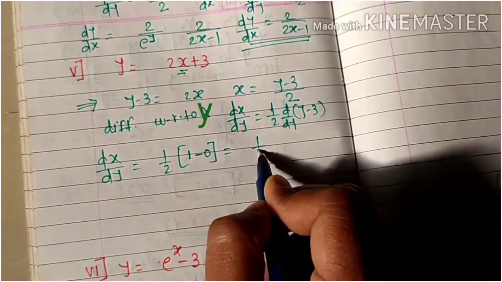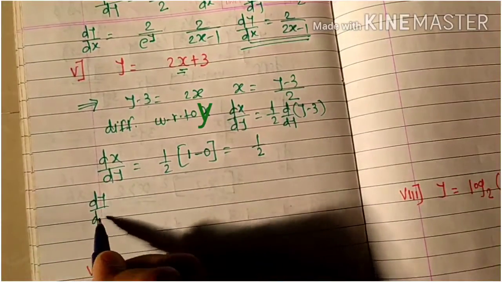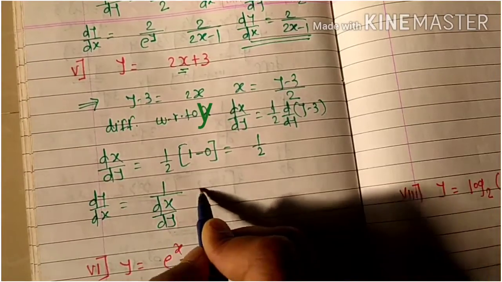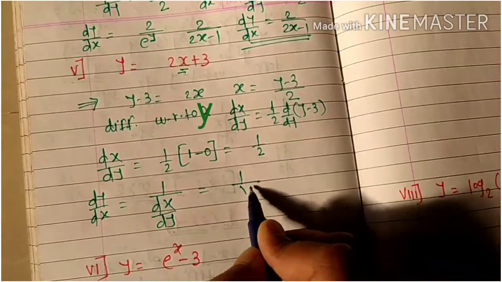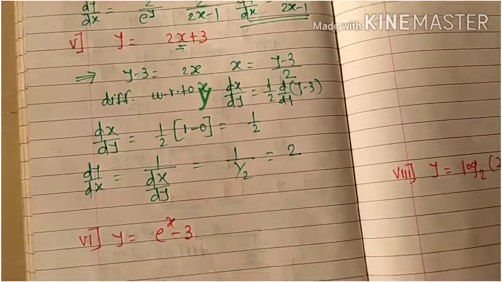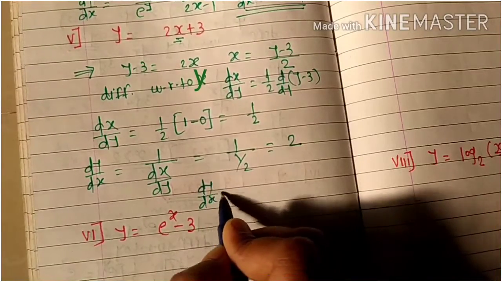What remains is dx upon dy equal to 1/2. Then what we want is dy by dx, that is 1 upon dx upon dy, which is 1 upon 1/2, that is 2. Therefore dy by dx is equal to 2.